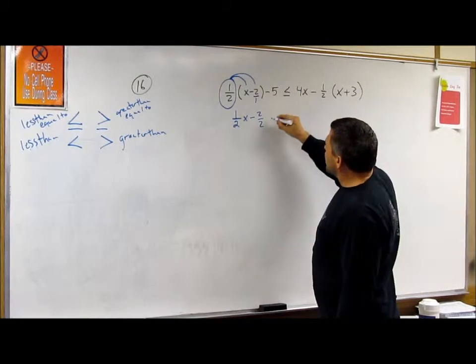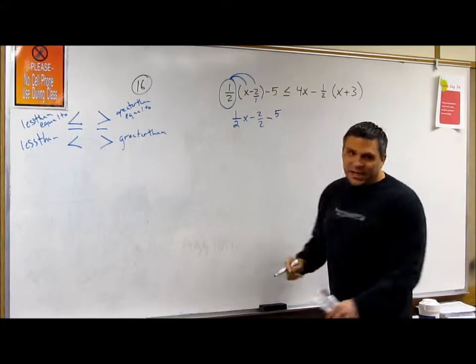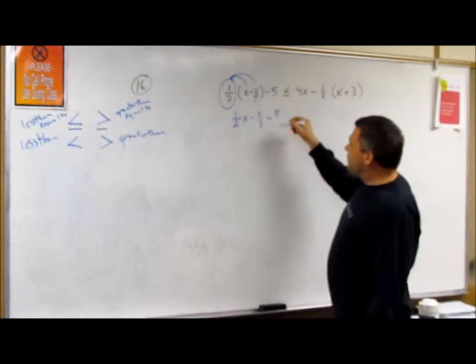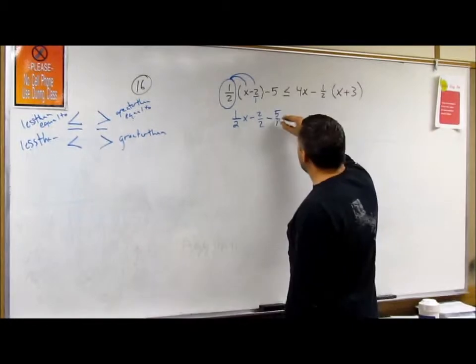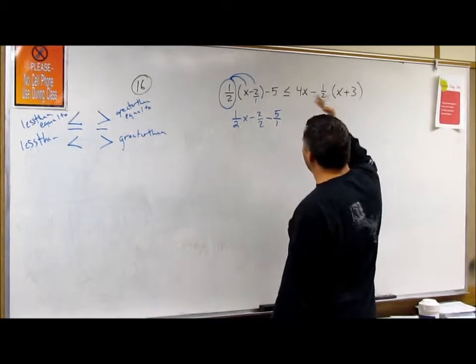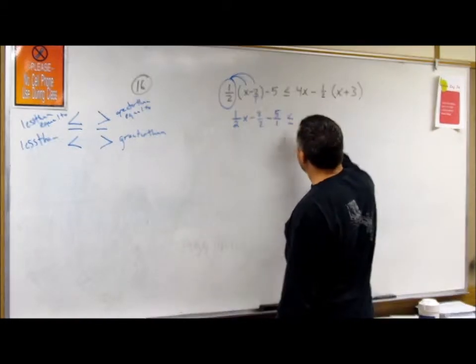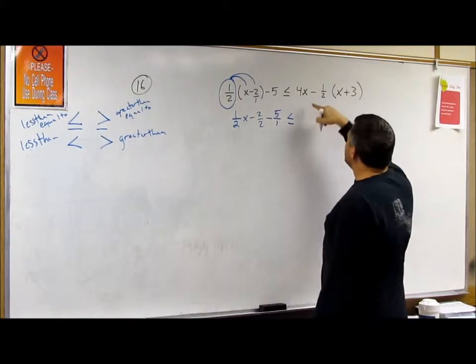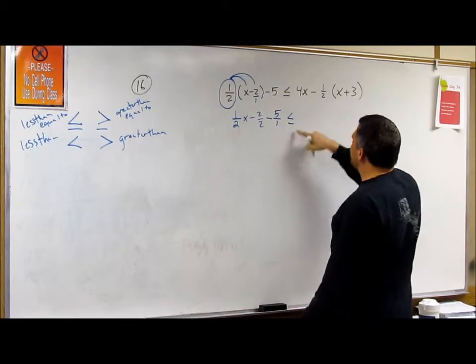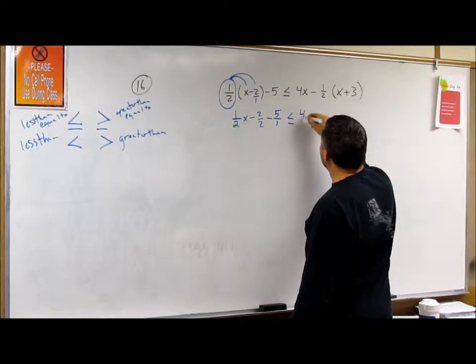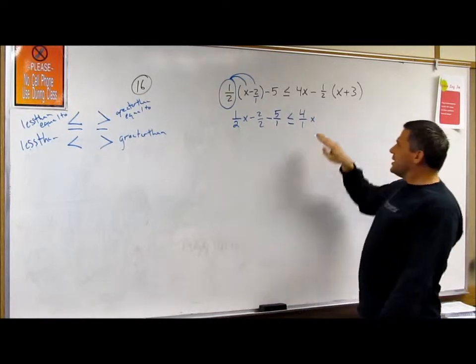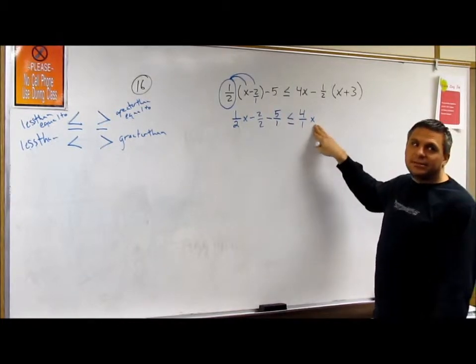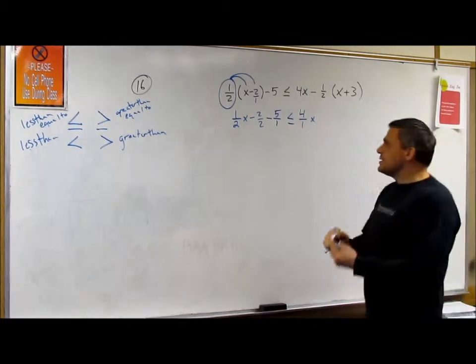Then I'm going to bring down 5, but in this case I'm going to write 5 over 1, so that everything is in fraction form. So if I have fraction form over here, I want to put it in fraction form over here: 4 over 1. And remember, keep the x to the side. It'll make it easier.